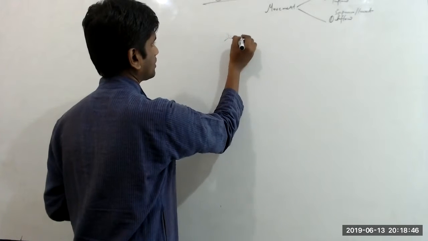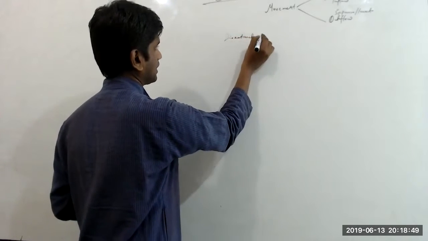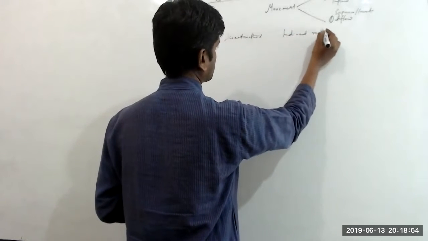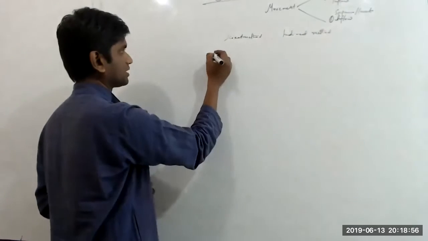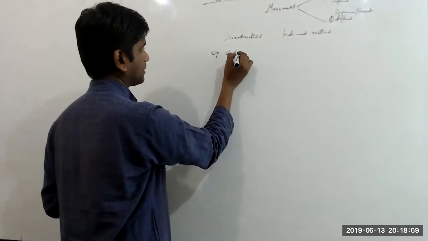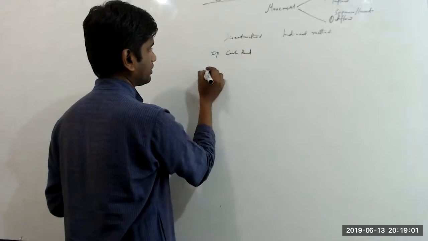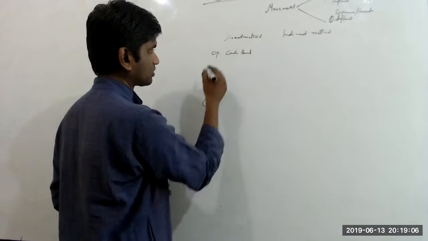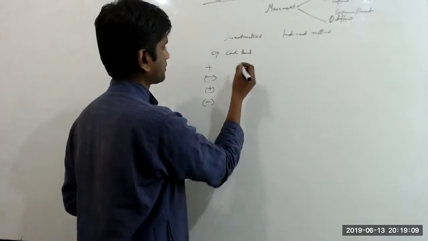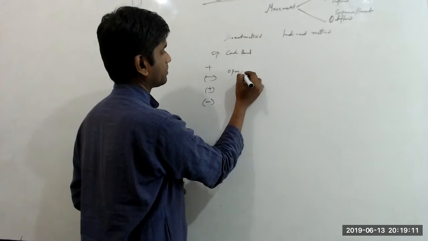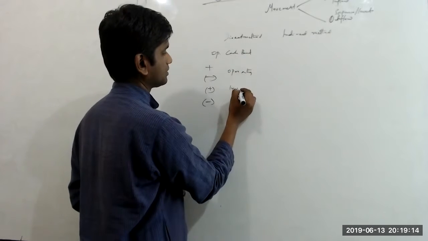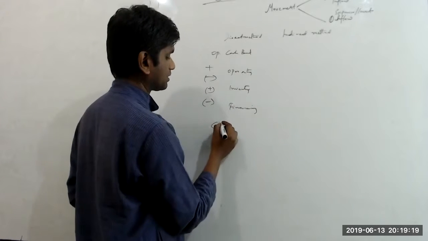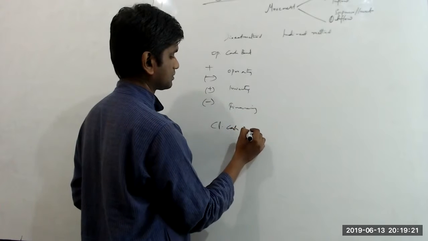Now, under this cash flow statement, there are two methods. One is called the direct method and the other is called the indirect method. The direct method is quite simple. You take the opening cash balance and add or subtract certain line items, which are the operating activities, investing activities, and financing activities, to arrive at the closing cash balance.